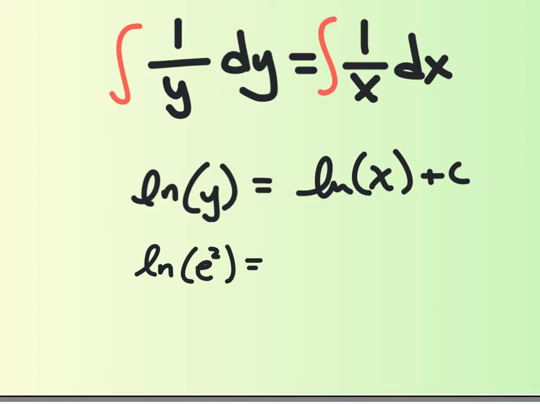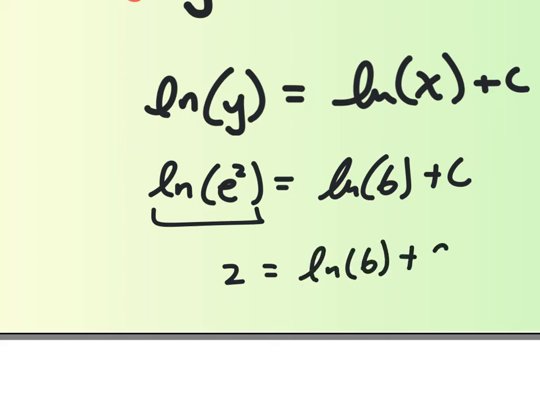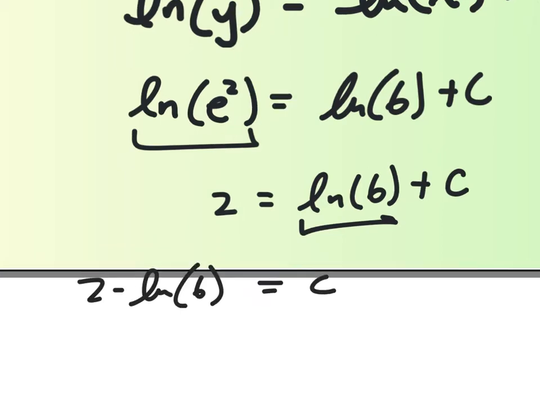I have to figure out a way to isolate this. Ooh, this is handy. The natural log of e squared is just 2. So 2 equals the natural log of 6 plus c. This is not nice, so I'm just going to write it over here: 2 minus the natural log of 6 equals c.